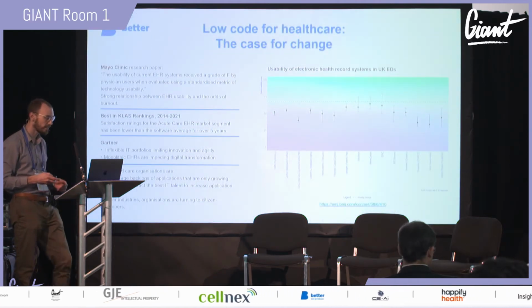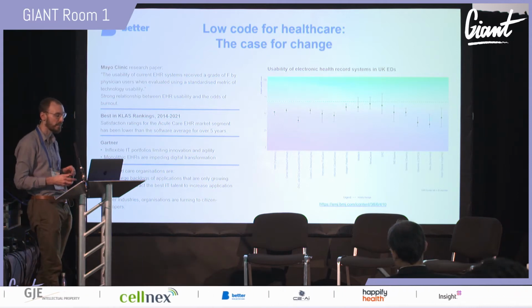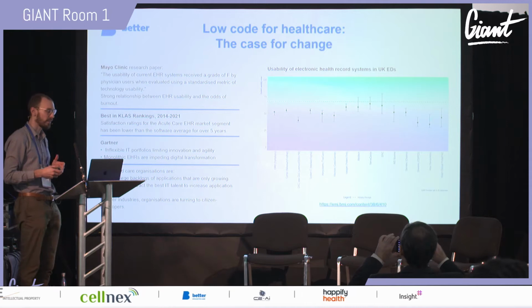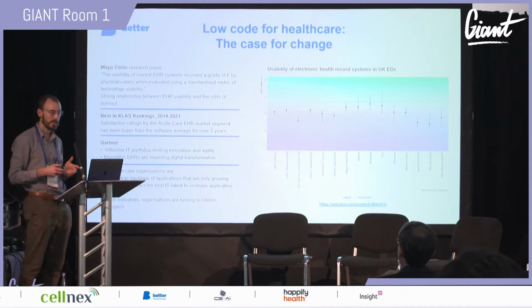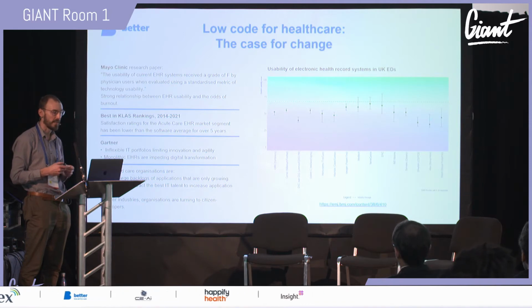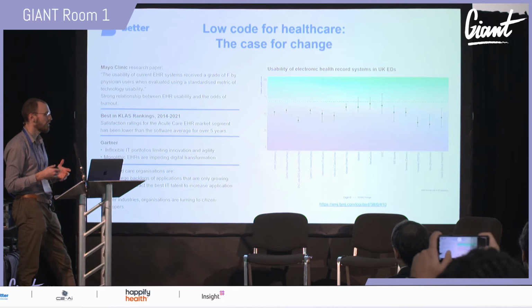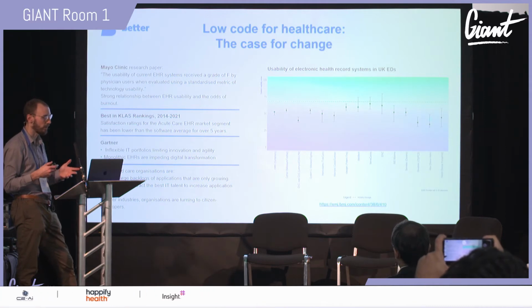So why does this specifically apply to healthcare, and why is it of interest with healthcare? There's dissatisfaction with the usability of mission-critical systems in healthcare when compared to other industries, and that's measured against the targets for usability across software.